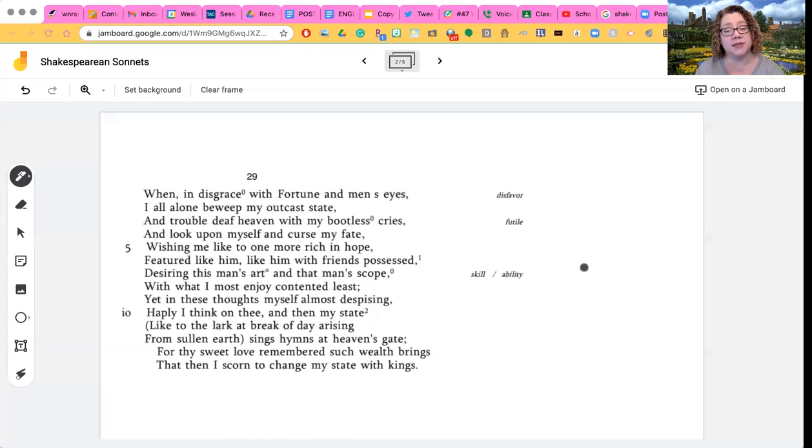Yet in these thoughts myself almost despising, haply I think on thee, and then my state, like to the lark at break of day arising from sullen earth, sings hymns at heaven's gate. For thy sweet love remembered such wealth brings, that then I scorn to change my state with kings.